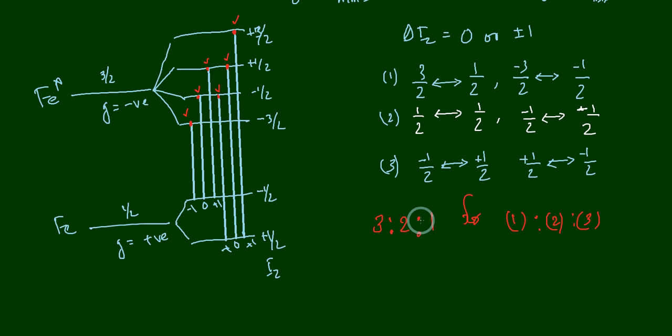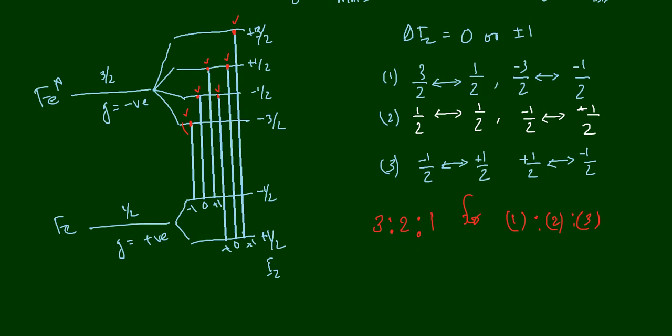That is what we can understand here. If we take the probability of the third pair, the middle one, as 1, then the probability of the second pair will be 2, and the probability of the first pair will be 3.